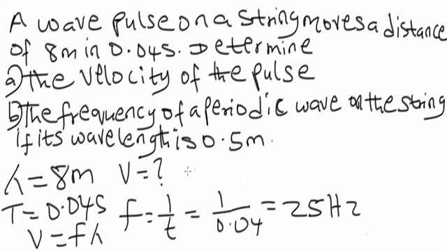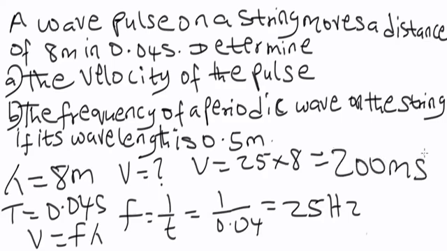So let's substitute the values in the formula. We have the frequency to be 25 and the wavelength to be 8. So the velocity will be 25 times 8, which is going to give us 200 meter per second. So that's the velocity.